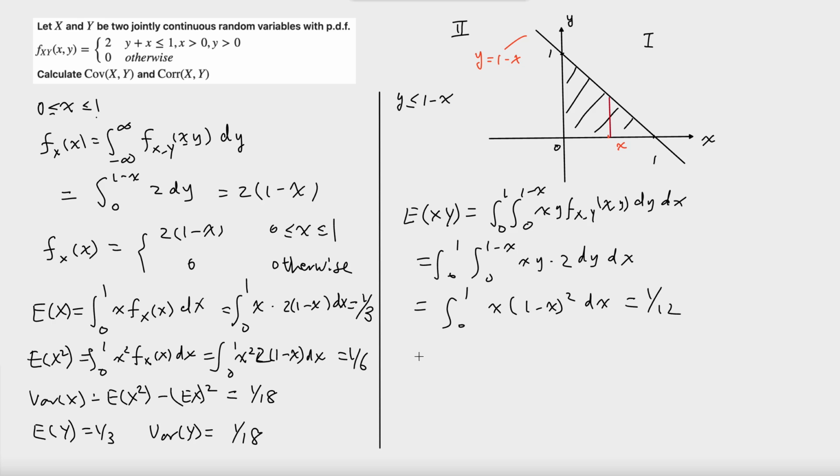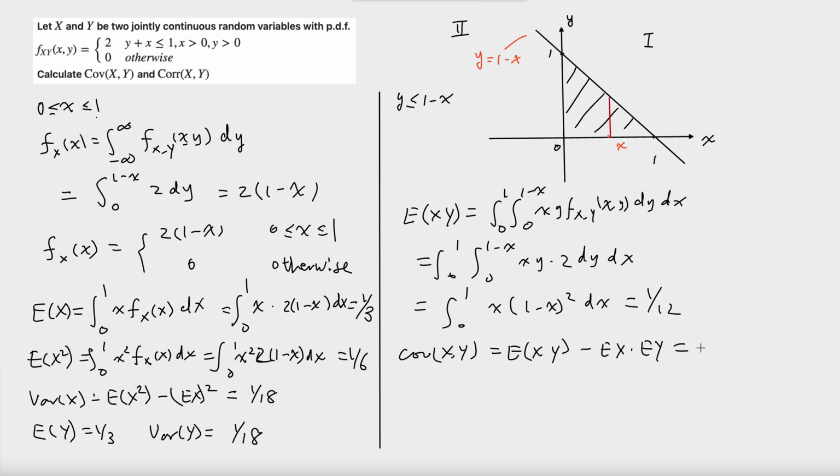Now we're ready to compute the covariance of X and Y. The covariance of X and Y is equal to the expected value of X times Y minus the expected value of X times the expected value of Y. We already computed that the expected value of XY is 1 over 12, E of X is 1/3, and E of Y is also 1/3.